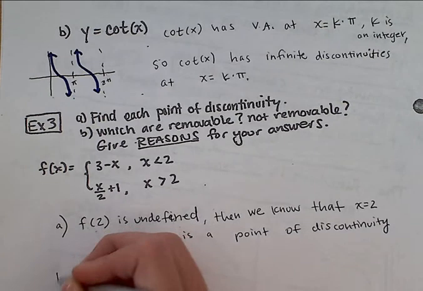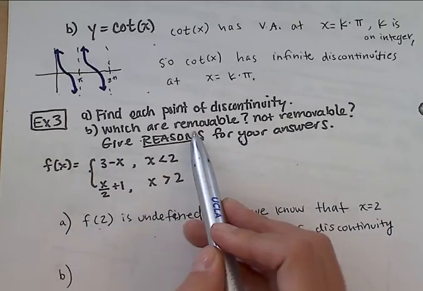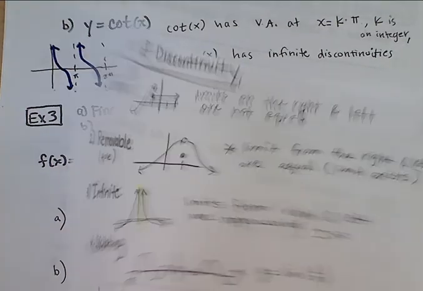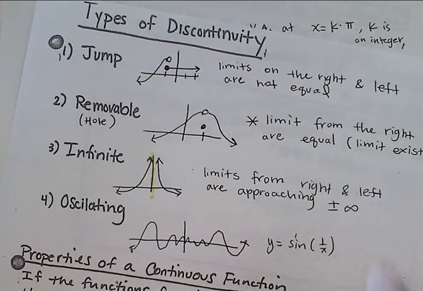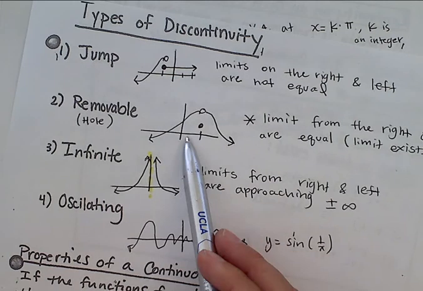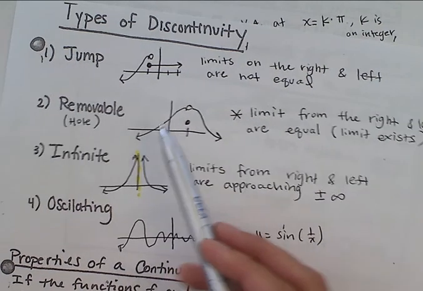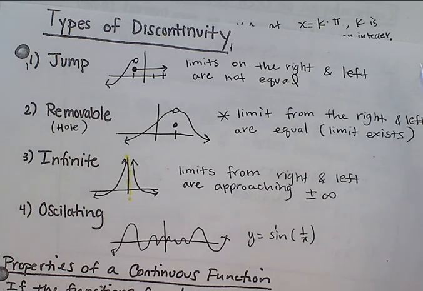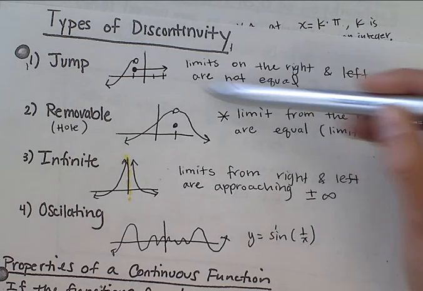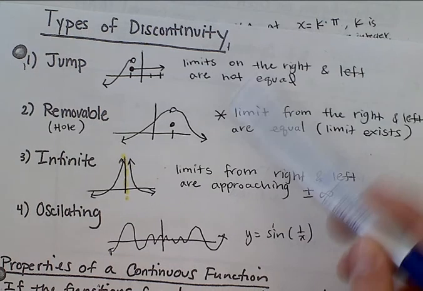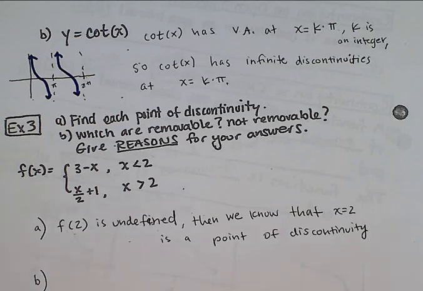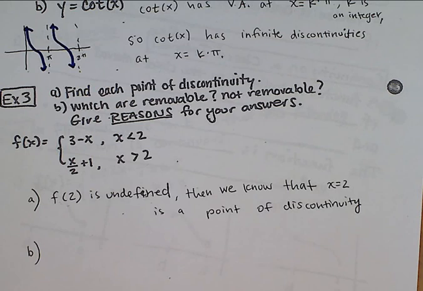And then in B, we have to figure out, is it removable or not removable? So looking back here, we're either going to have this case of a jump or this case of a removable. And so what we need to look at is, are the limits from the right and the left equal or not equal? If they're not equal to each other, then we have a jump. If they are equal to each other, then we have a removable discontinuity. So we're going to determine the limit from the left and the right.